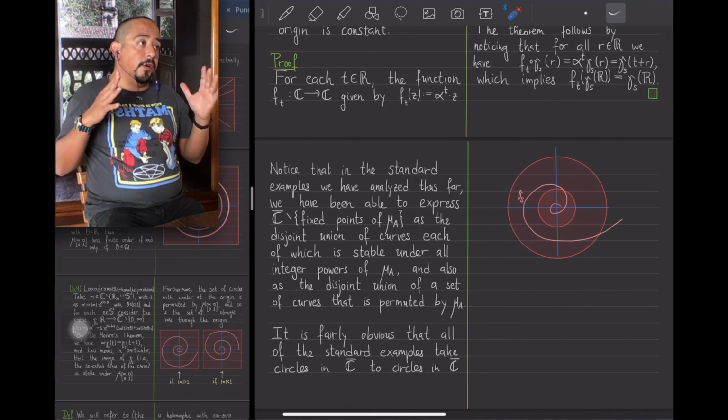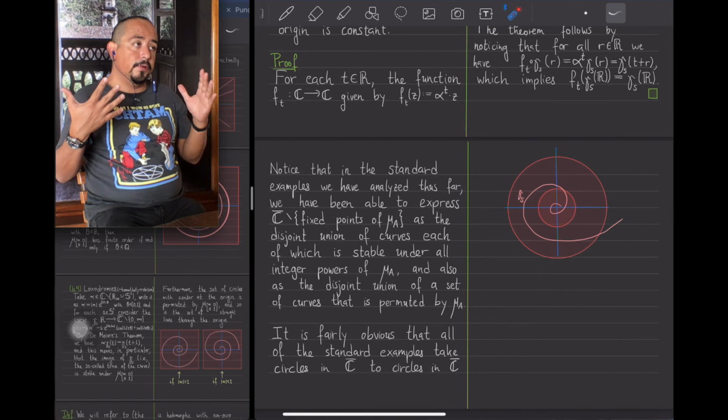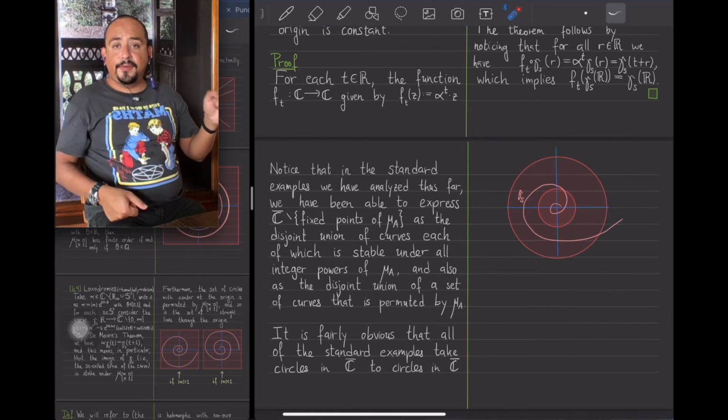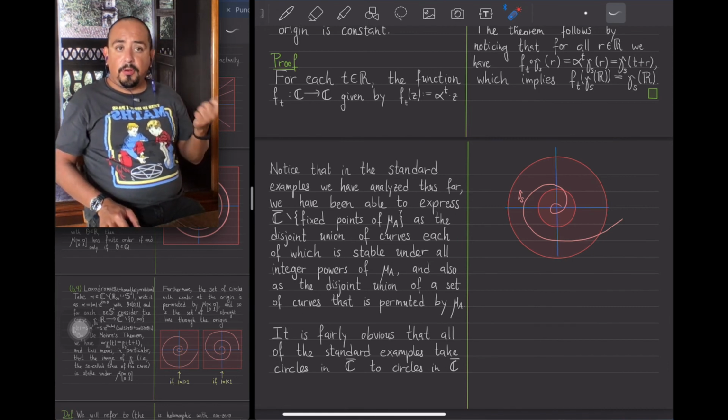So first, given our Möbius transformation mu a, we have been able to express C bar minus the fixed points as the disjoint union of a family of curves, each of which is stable under the action of all the integral powers of mu a on the one hand.